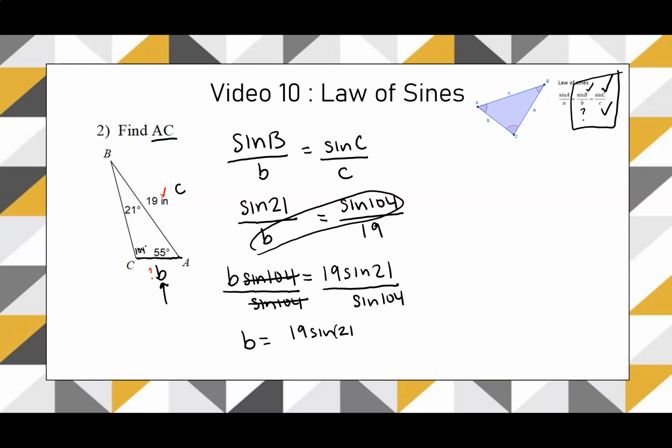Close that parentheses when you do that in your calculator, and then divide it by sine of 104. You should pause this video and make sure you get the same answer as me. I do get 61 point, oops, that's wrong, sorry. I do get roughly 7.017, which is 7 inches.